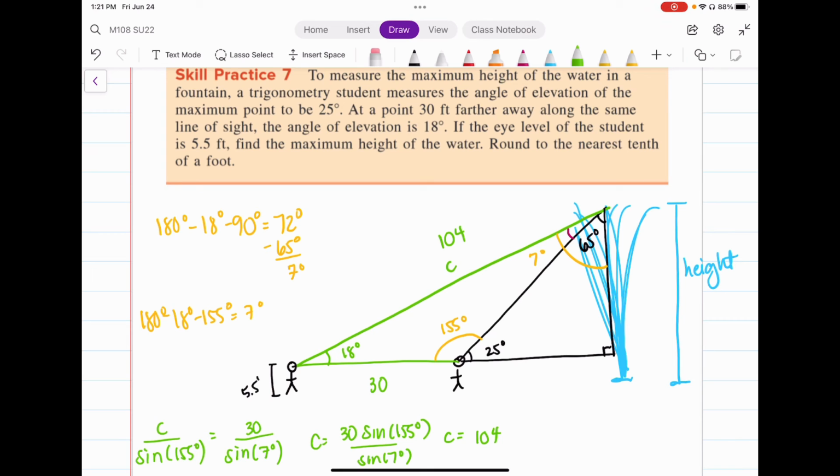Well, now I have a hypotenuse and I have an angle of 18 degrees, and I want to find the opposite value. The sine of 18 is equal to the height over 104.